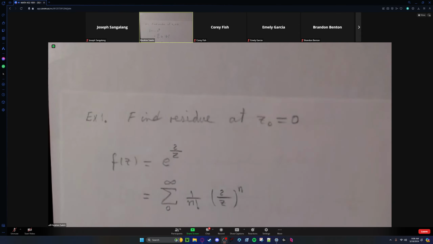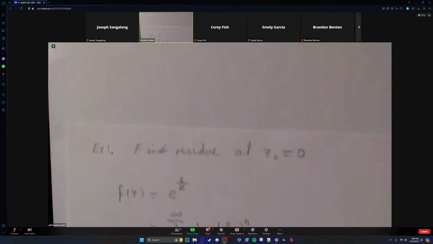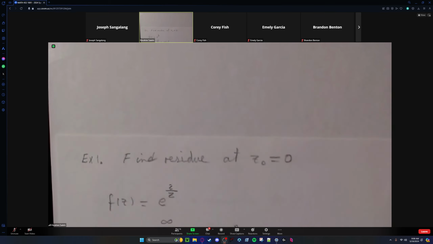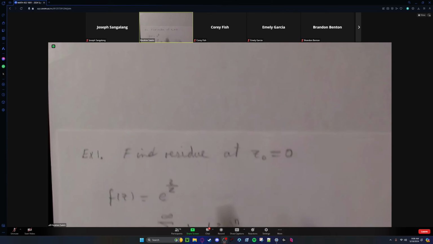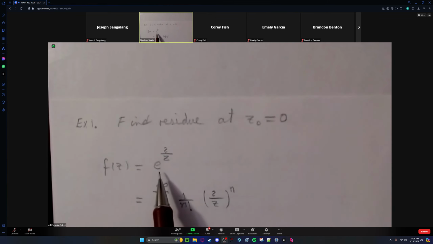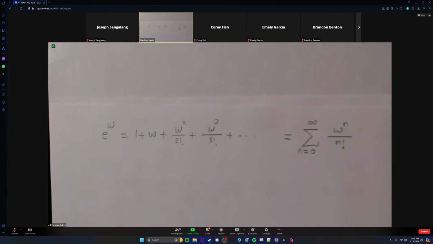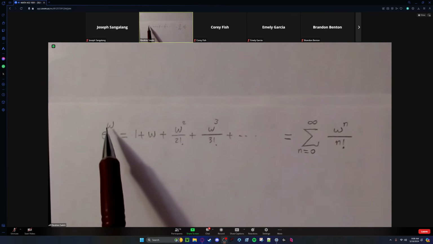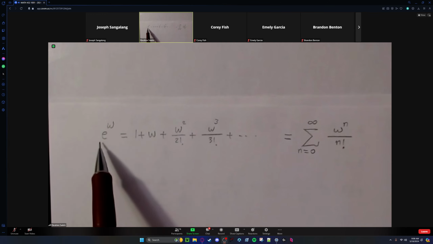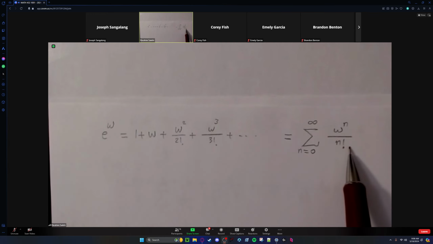Here come some examples. Look at this function. Zeros of the denominator, of course, are singularities, bad points. But always we use a shortcut. We already know that e to the w has this expansion.